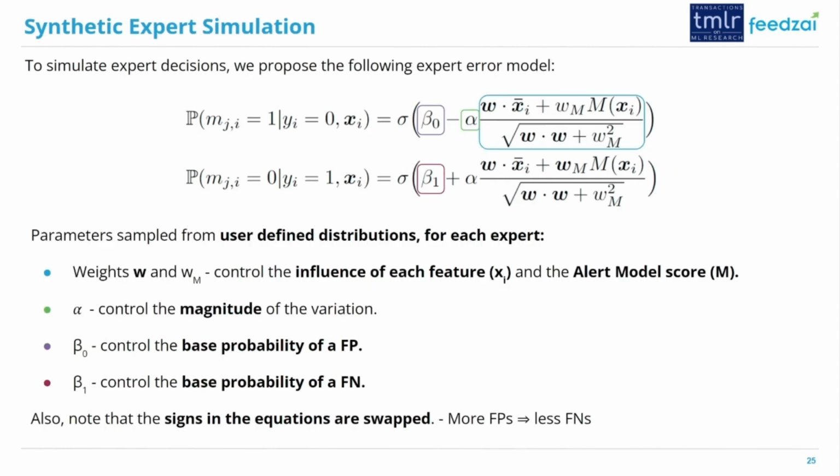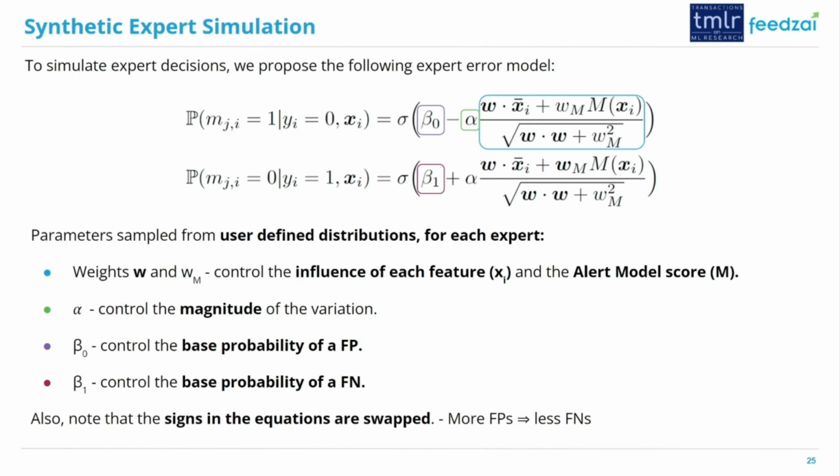Now, to simulate the expert decisions, we propose the following expert error model, where X bar represents a normalized version of the feature vector, which is detailed with more precision in our paper. The rest of the parameters are sampled from user-defined distributions for each expert.